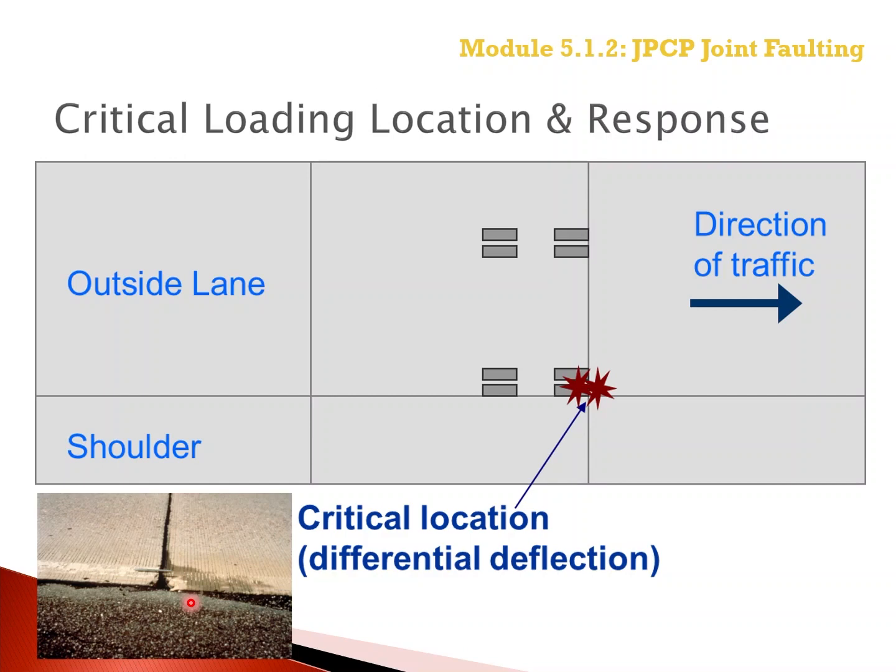The critical location of the deflections or responses is at the corner of the slab along the edge of the pavement. The deflections on the loaded and unloaded side of the transverse joint are calculated.